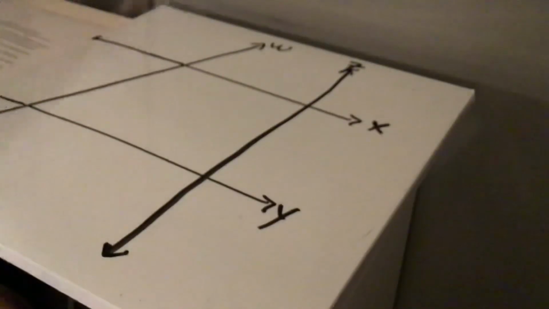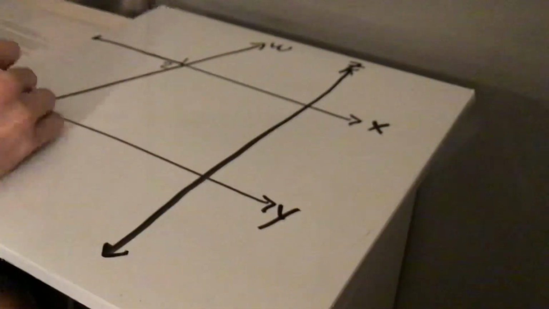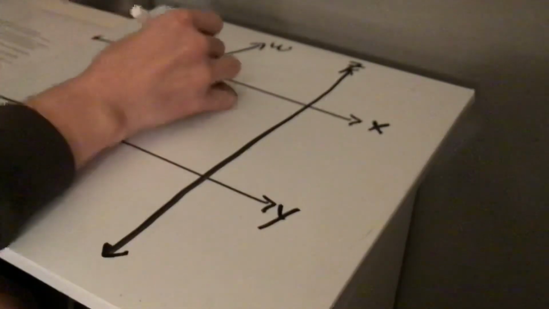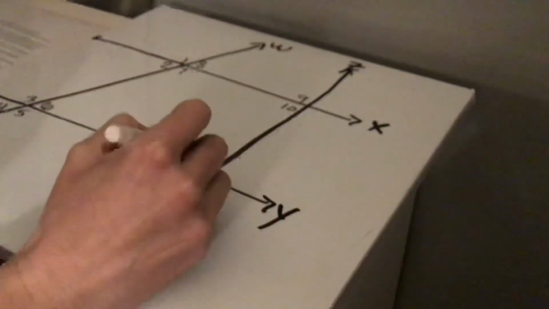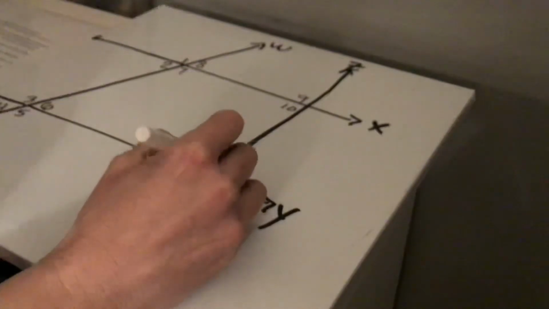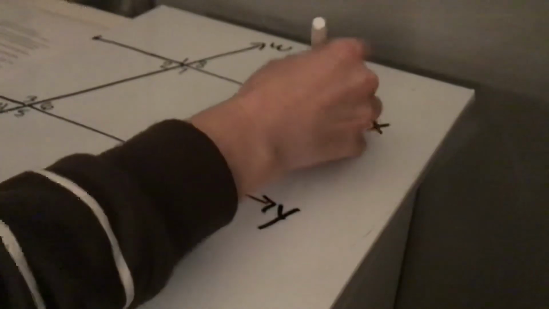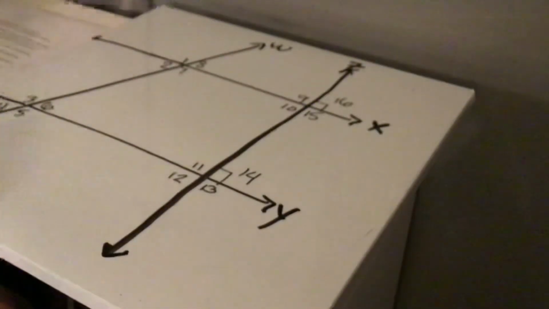And then I labeled a bunch of angles. So we're going to say here is angle 1, 2, 3, and 4, 5, 6, 7, and 8, 9, 10, 11, 12, 13, and then have a box here and says this is angle 14, this is 15, and another box saying that's angle 16.